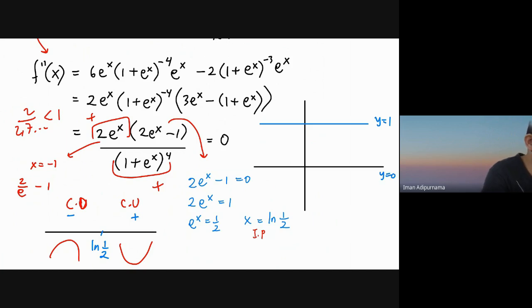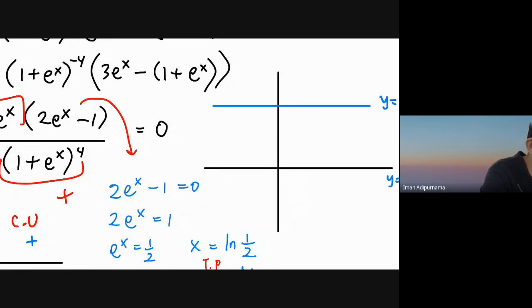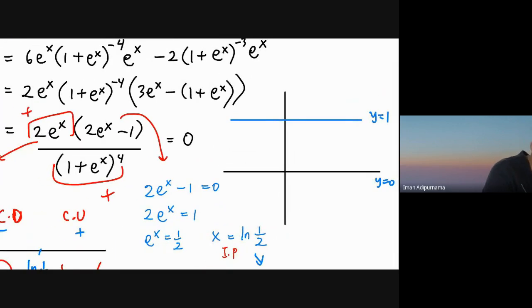And we may have the ln half, which is actually ln 2, but minus, right? So minus ln 2 is maybe around here, if this is 1. This is half here, -1. So maybe this is negative ln 2, right?